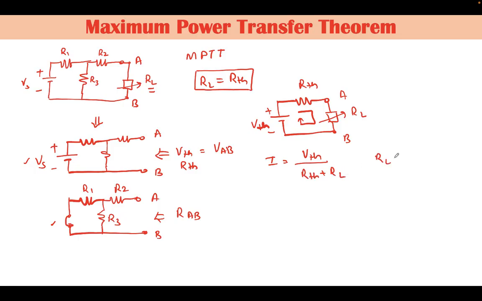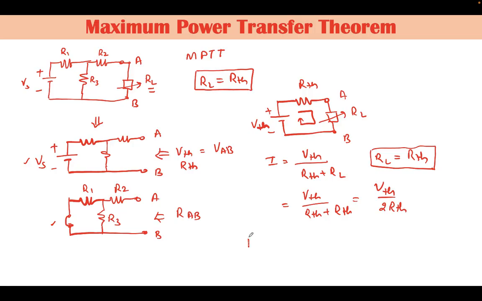Here RL must be equal to RTH for maximum power transfer. Therefore I equals VTH upon RTH plus RTH, which is equal to VTH upon 2 RTH.